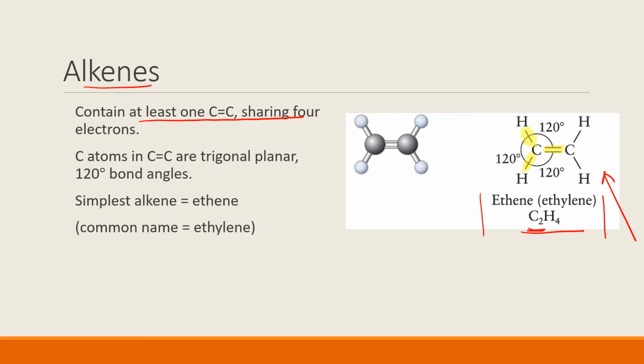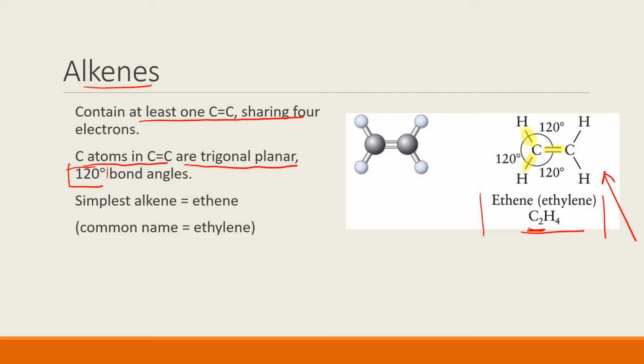So therefore carbon atoms in alkenes which contain a double bond are trigonal planar, and we also learned that the bond angle in trigonal planar geometry is 120 degrees. So therefore in alkenes where the double bond is present, the bond angle will be 120 degrees.